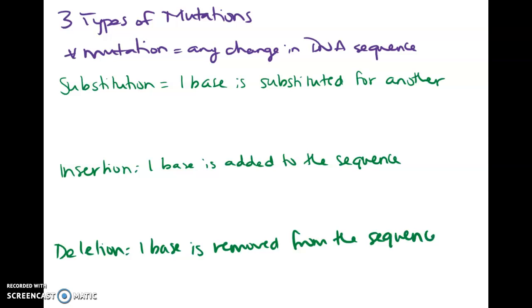Now, in real life, there may be more than one base. It may be 20 bases that are substituted or inserted or deleted. But we're just going to do one base to make it a little bit easier. But you may come across problems later on where multiple bases have been substituted or inserted or deleted in one section of the DNA. So let's look at some examples of substitution.